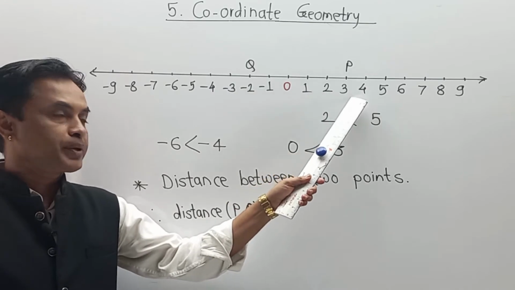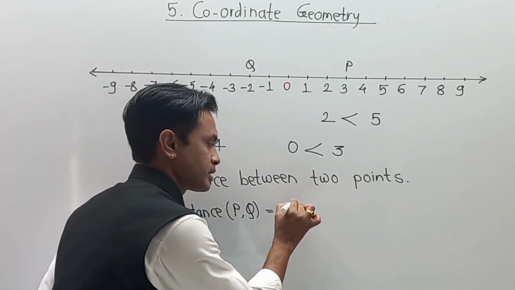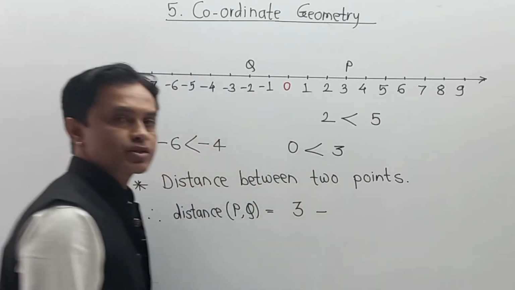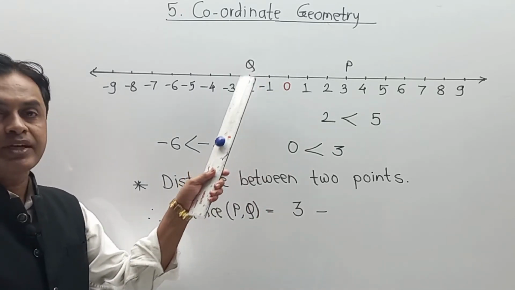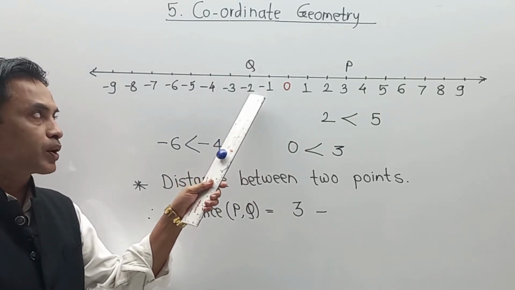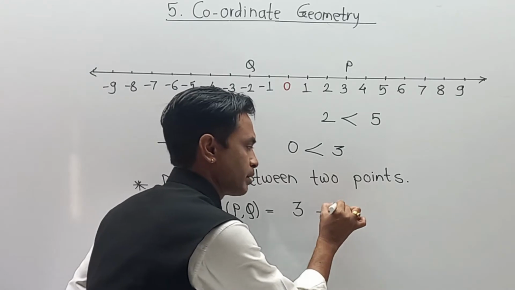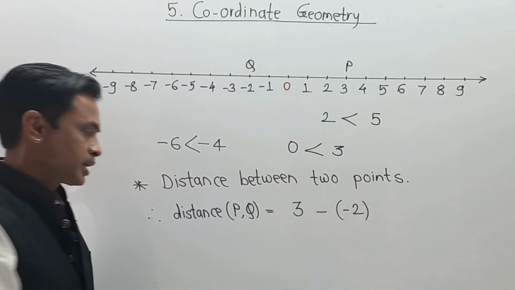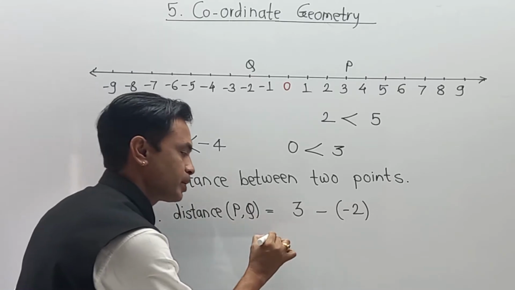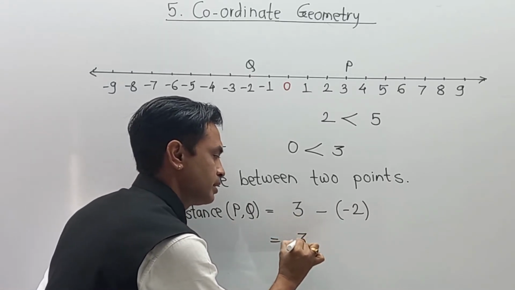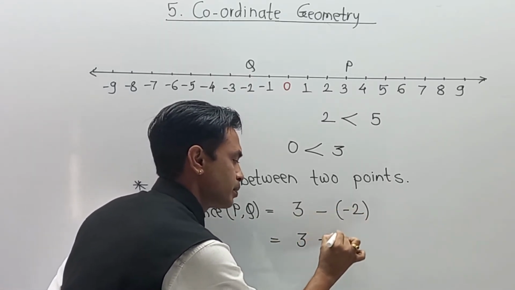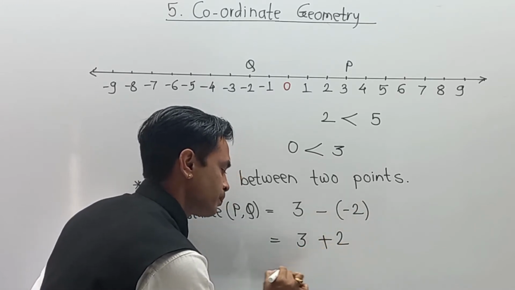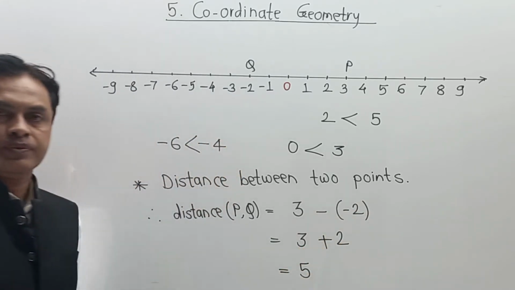Coordinate of point P is 3, so I write 3 minus the coordinate at the left hand side, that is Q, having coordinate minus 2, so I write it in bracket minus 2. If you simplify, the distance PQ is 3 minus of minus 2, that is 3 plus 2, and that is nothing but 5.